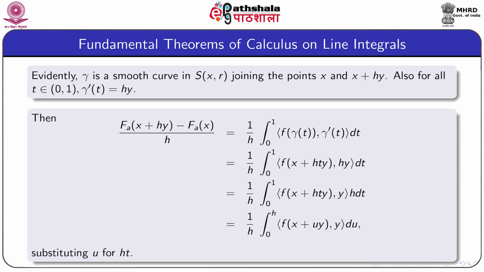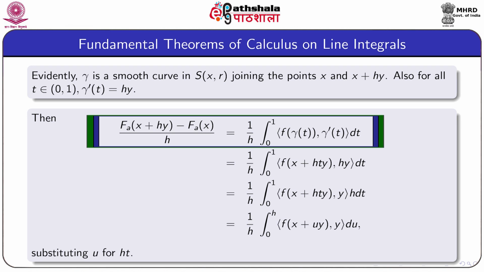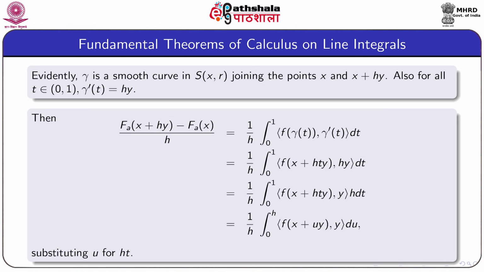Then, f_a(x + hy) minus f_a(x) by h equals 1 by h times the integral from 0 to 1 of the inner product of f(γ(t)) and γ'(t) dt. This equals 1 by h times the integral from 0 to 1 of the inner product of f(x + thy) and hy dt. So this is nothing but 1 by h times the integral from 0 to 1 of the inner product of f(x + thy) and y, times h dt. Now we substitute u for ht, so du is nothing but h dt.